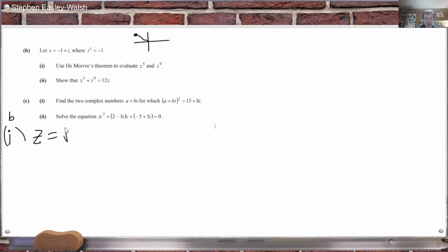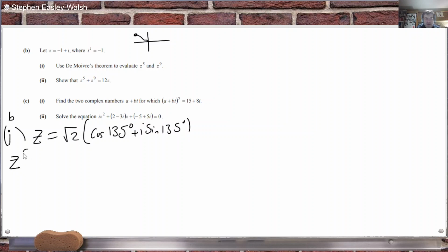So the z would be root 2 cos, and then that angle there is 135 degrees, plus i sine 135 degrees.